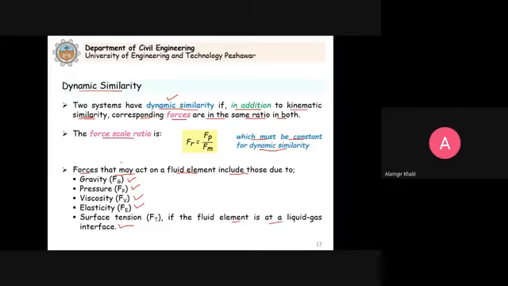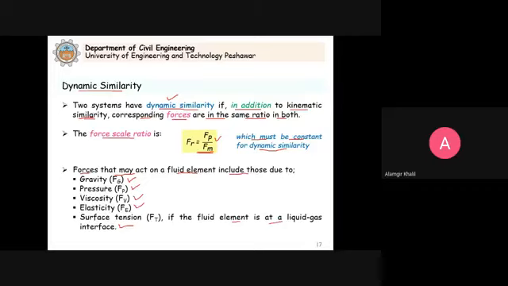And if kinematic similarity is ensured, it means that there must be geometric similarity between the two. So now we are coming to the forces. The force scale ratio, we define it here for the prototype and the model. Now remember, these are the common forces that we consider, but there can be other forces also.